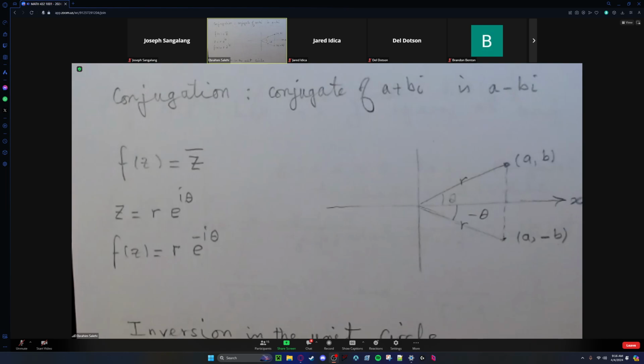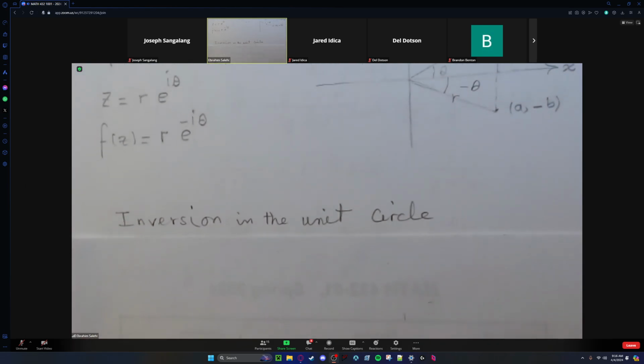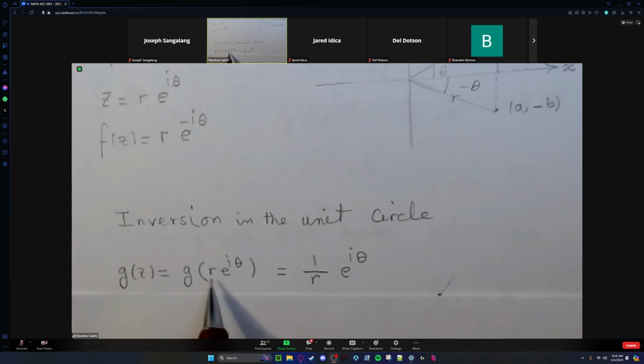There is another motion. We call it inversion in the unit circle. What is inversion in the unit circle? That is when r e to the i theta will be sent to 1 over r e to the i theta.